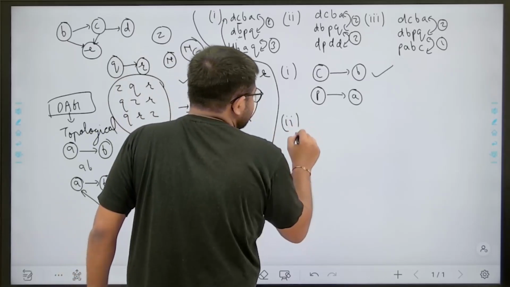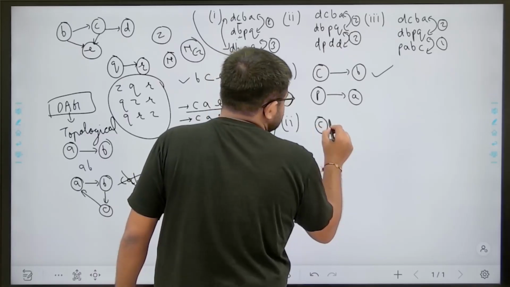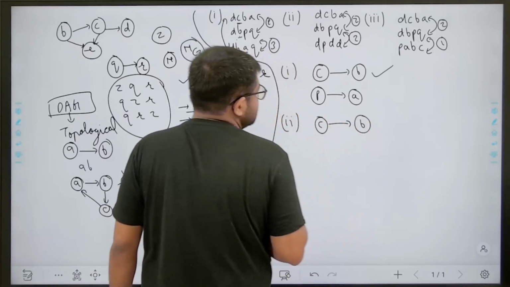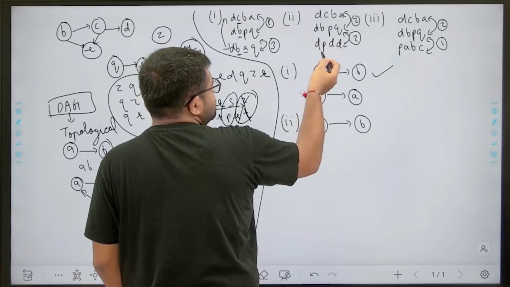Take the second example. If we compare the first and second string, the first mismatching character is at the second position. It says C must come before B. If we compare the second and third string, it is also at the second position.